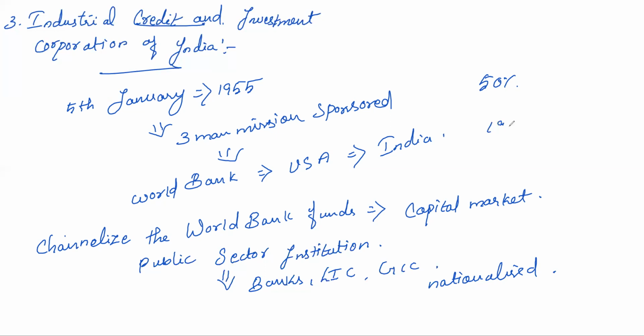Since 1973, the ICICI has entered the international capital market and is also raising foreign currency loans. The major portion of its rupee resources is raised by way of debentures in the capital market. The ICICI borrows from the Industrial Development Bank of India and the government. The major portion of the assistance is to the private sector.